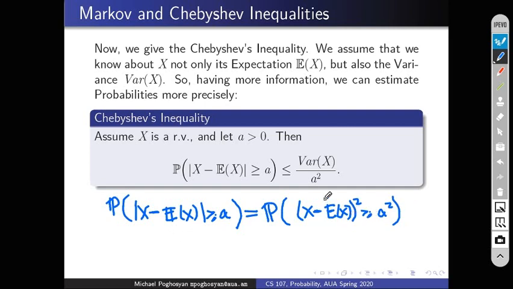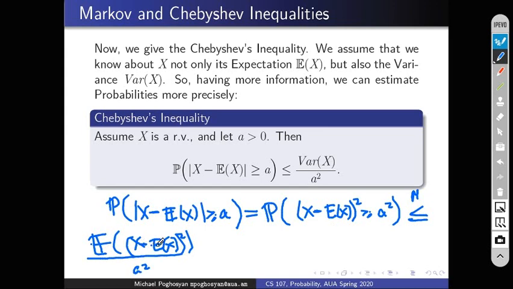And now I'm using Markov's inequality. So Markov's inequality is for any non-negative random variable. This is non-negative, so I can apply Markov. So Markov's inequality gives that this is less or equal than the expected value of this, so the ratio, expected value of x minus EX squared over this number, which is a squared.